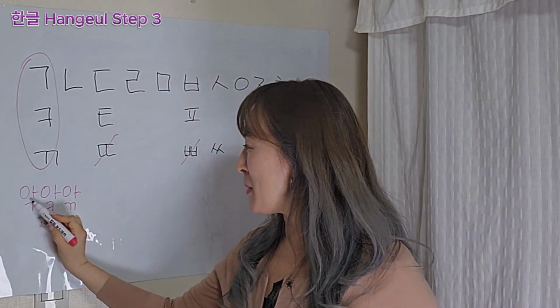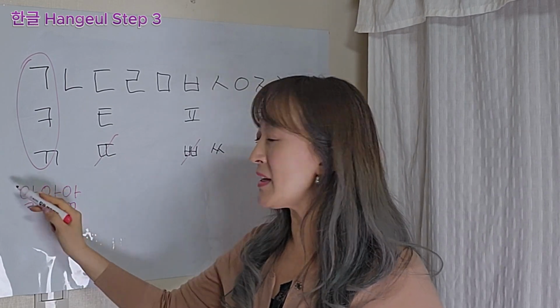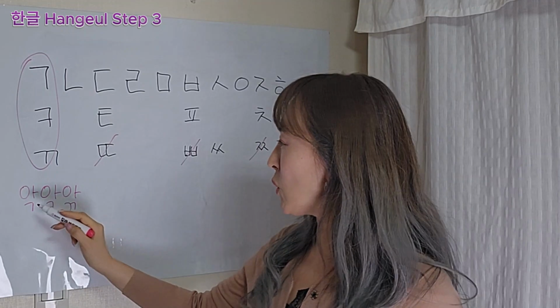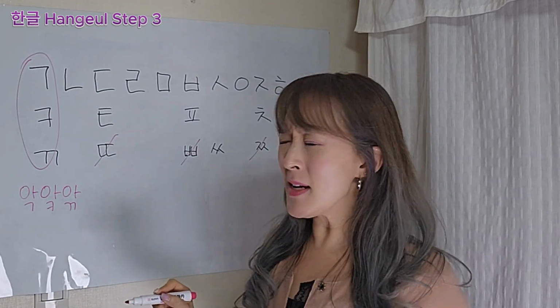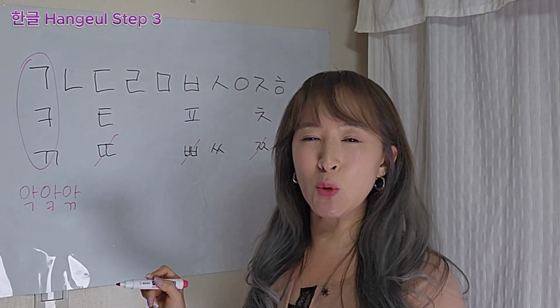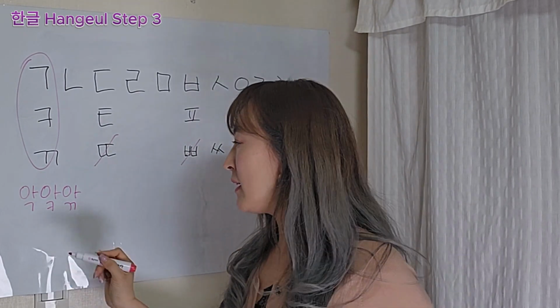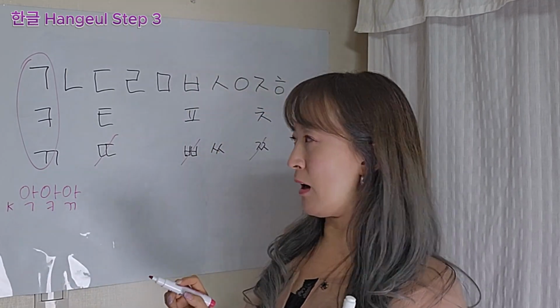Remember, the 받침's go underneath the basic syllable. They all have the ak sound, not quite K, but not quite G, kind of in between.